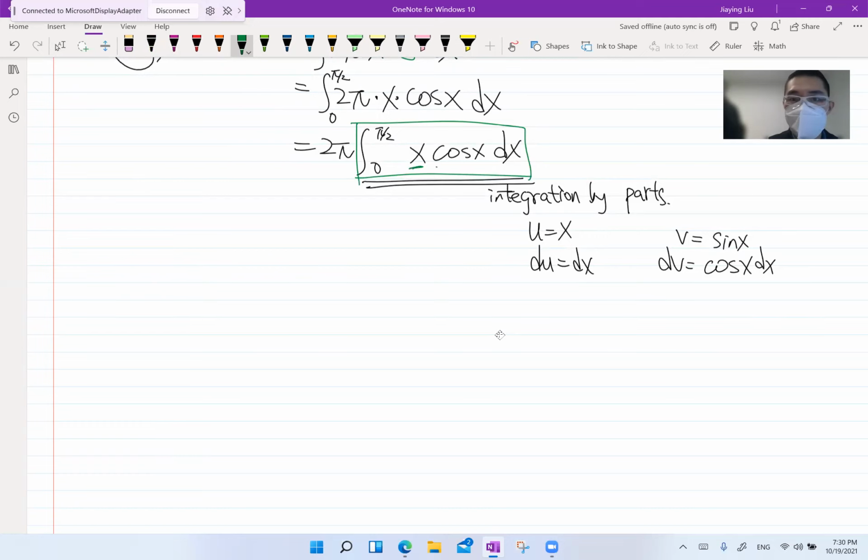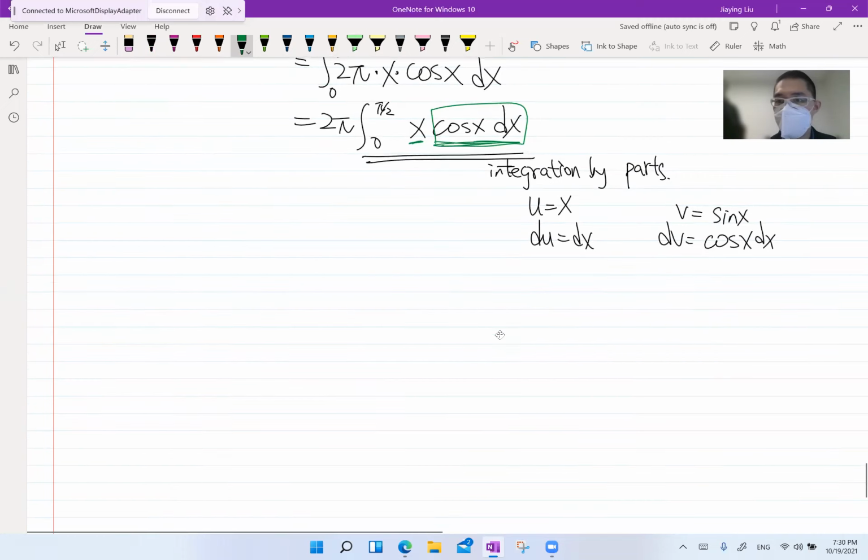Now the remaining part, the cosine x dx, this part will become dv, right? Because the integral is u dv form. So x is u, the remaining part will be dv, cosine x dx. And when I integrate that to find v, yep, so that's how we end up with sine.